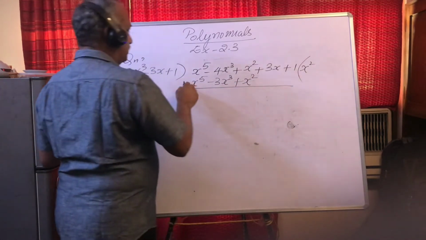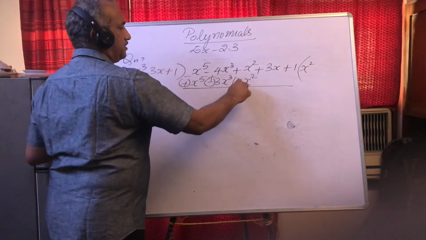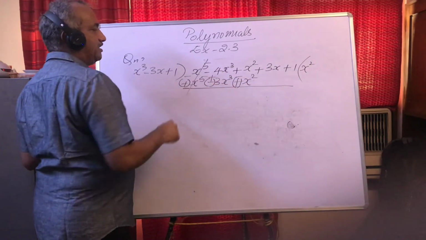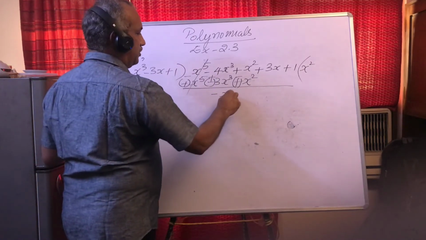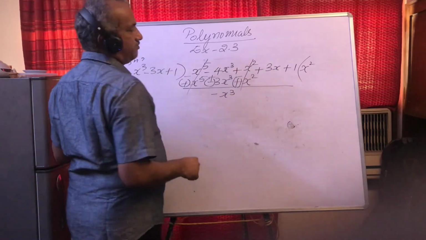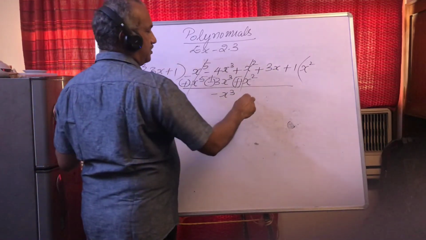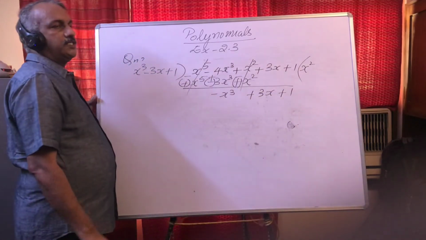So change the sign, plus minus, minus plus, plus minus, this is cancelled, minus 4 plus 3, minus x cube, then this is again cancelled, one is plus and one is minus, coefficient is the same, so plus 3x plus 1. First division is over.